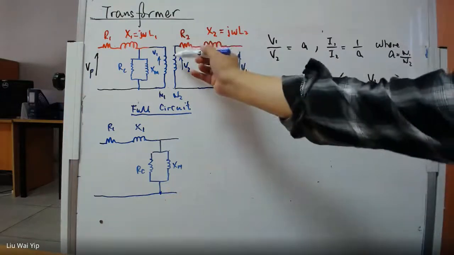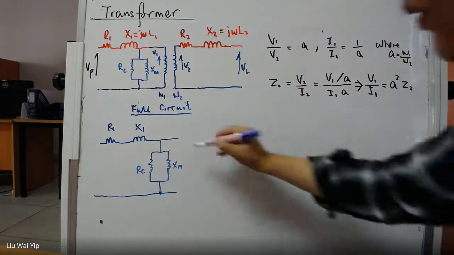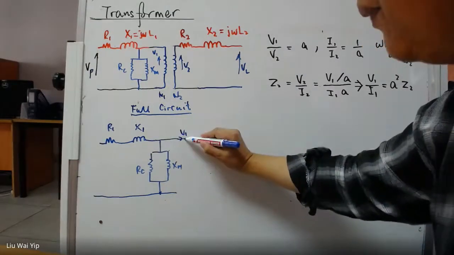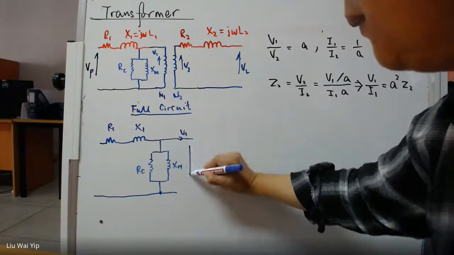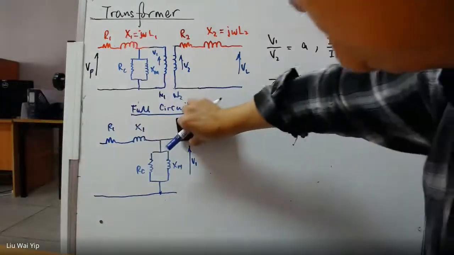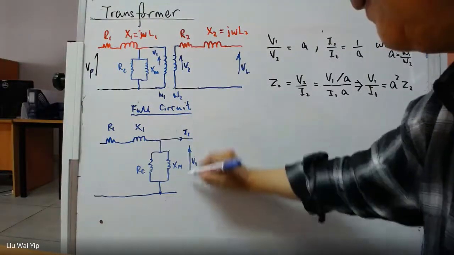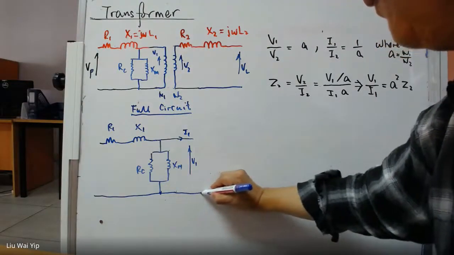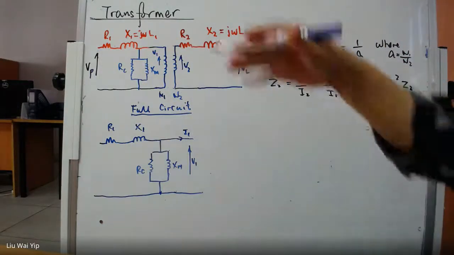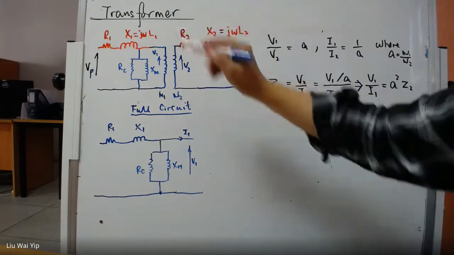And instead of including the transformer sign here, we use the technique we have learned. And now you have a voltage here and the current here. So we exclude the transformer. Instead, we refer every parasitic element to the primary.